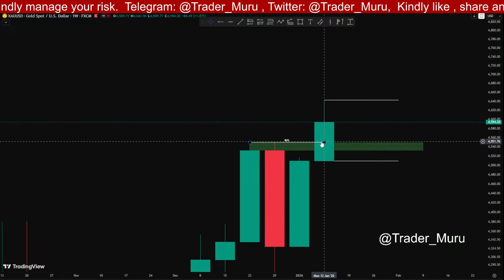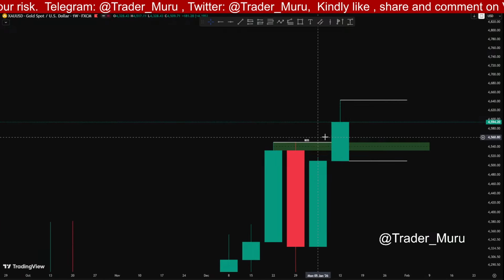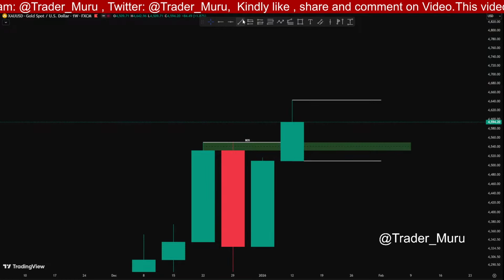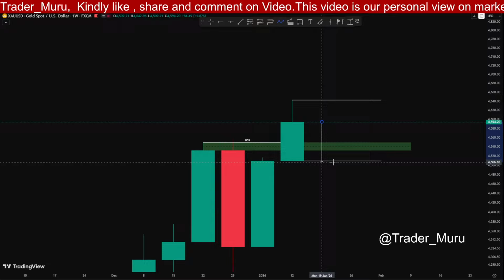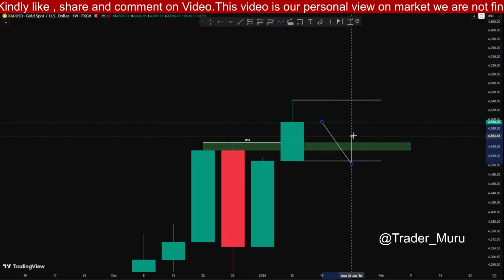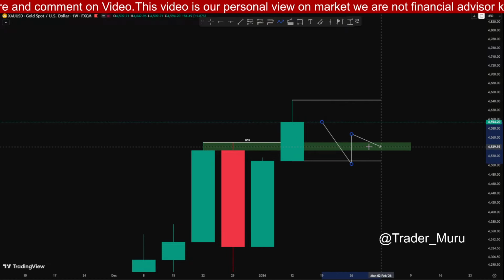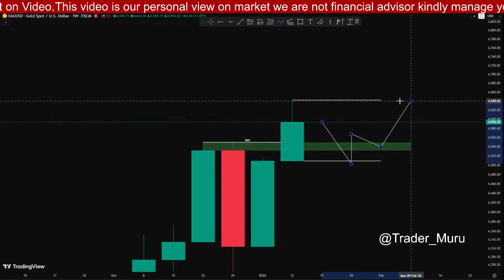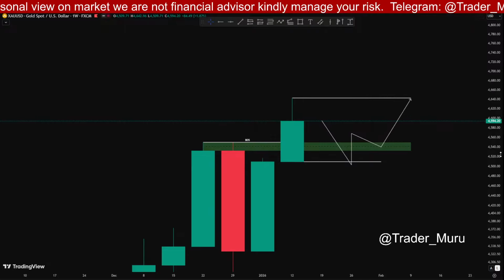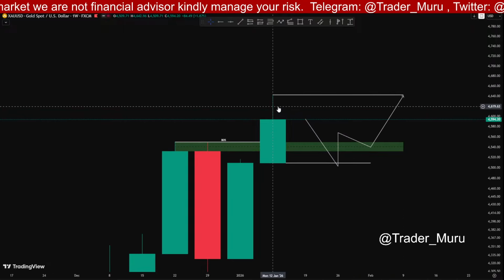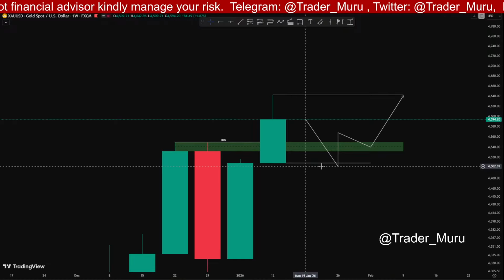So this week we can expect the market to test this area, sweep this low, again reclaim, retest and move. This is the ideal scenario we will be watching for.